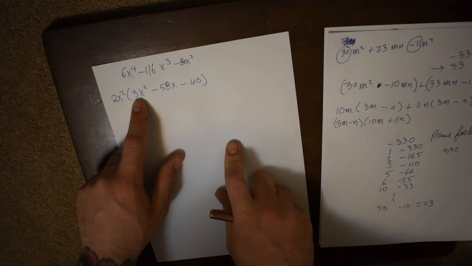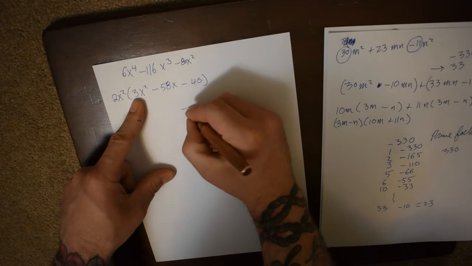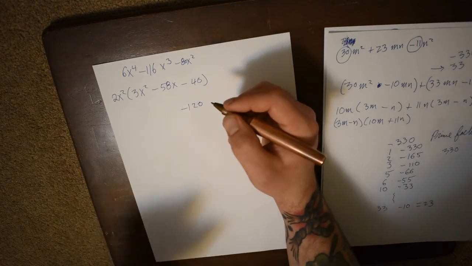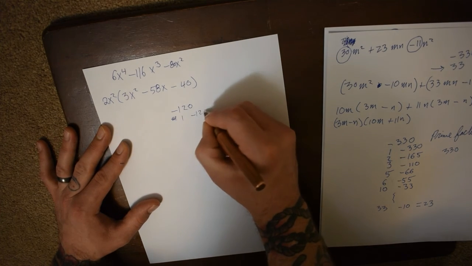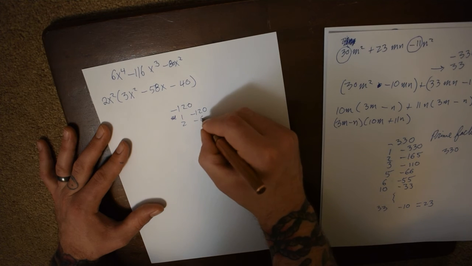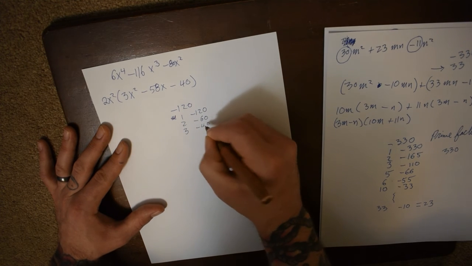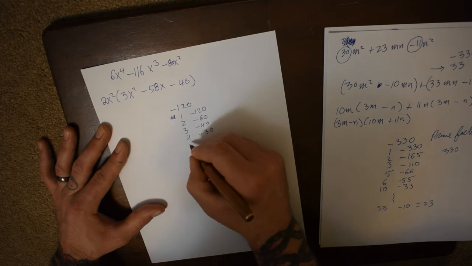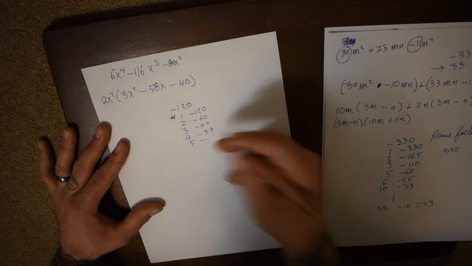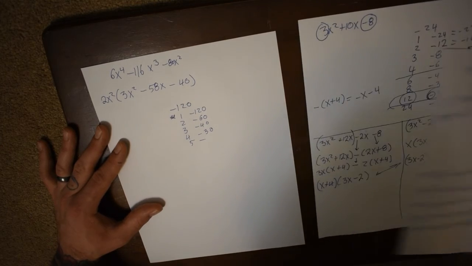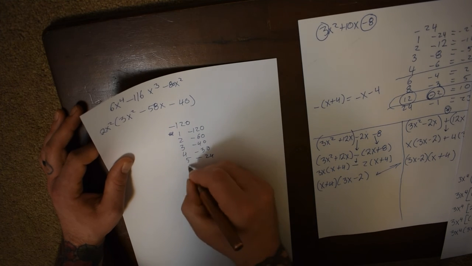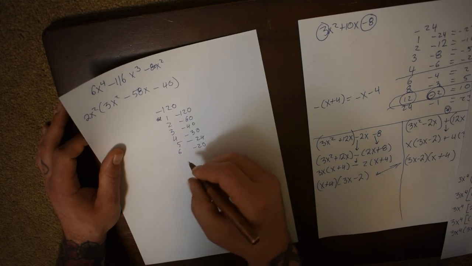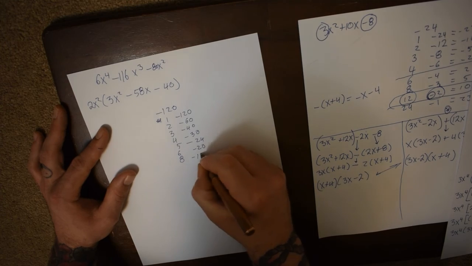Now we're looking for numbers that multiply to negative 120 and add to negative 58. Well, we're going to have 1 and negative 120, 2 and negative 60, 3 and negative 40, 4 and negative 30, 5 and negative 24, we already did all this work back here, 6 and negative 20, 7 didn't work, 8 did, that was 8 and negative 15.